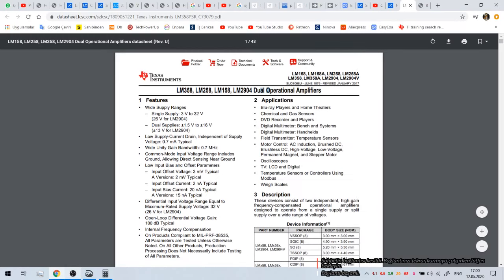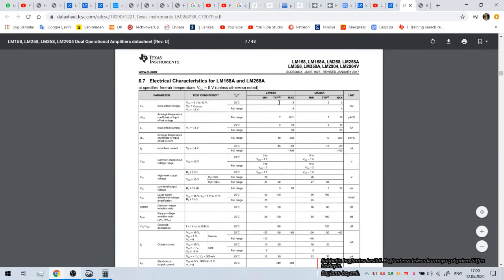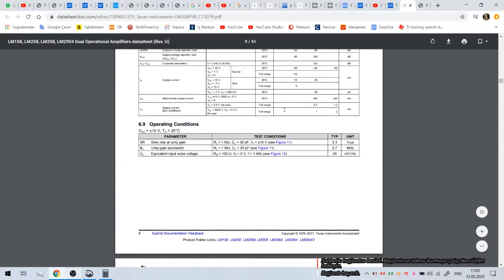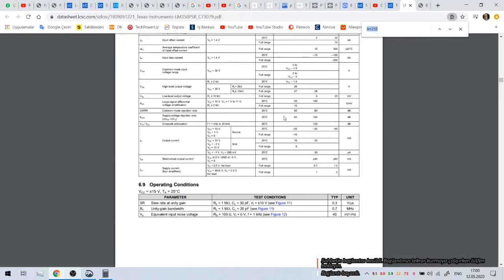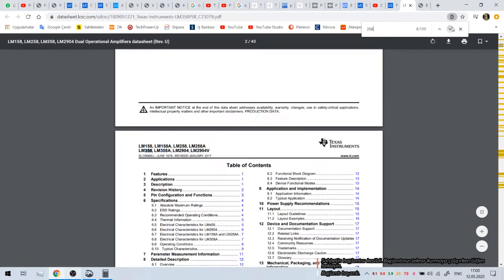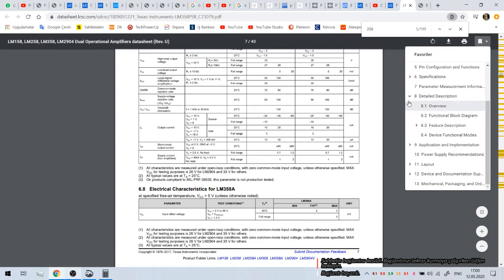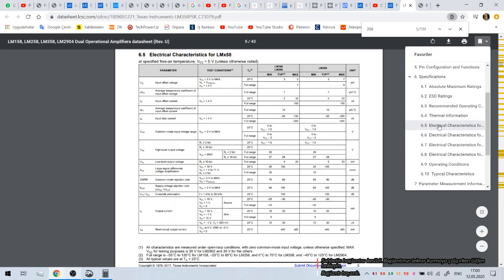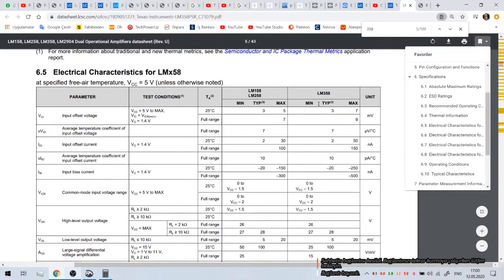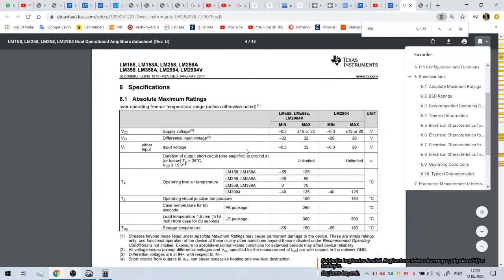It contains 4 op amps, but we only look at the 358. Yes, electrical characteristics. Also recommended operating conditions, absolute maximum ratings.